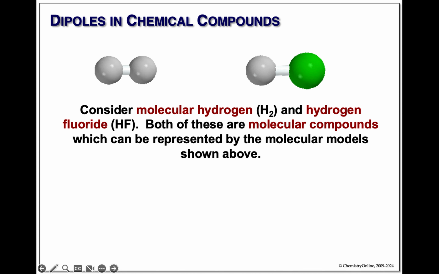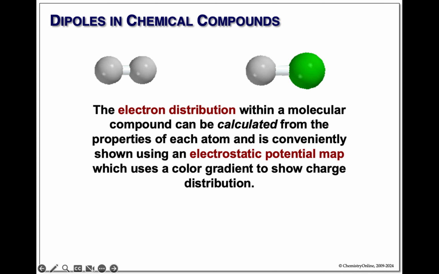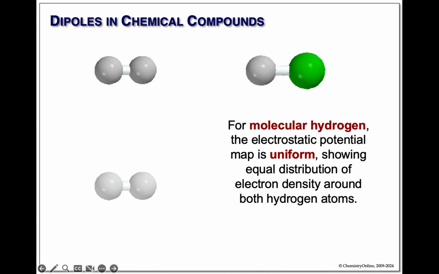What we're going to do is use what's called an electrostatic potential map to examine the charge distribution along a covalent bond. It's a thing you do on your computer. You tell your computer to look at your atom, your molecule, and decide where the electrons are in this covalent bond.